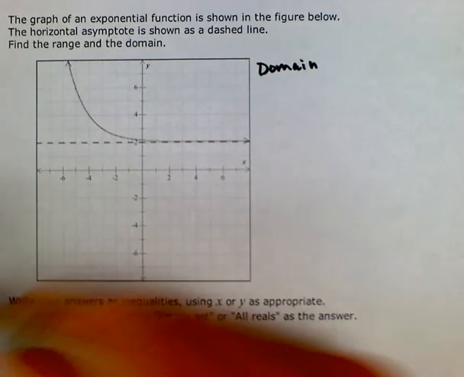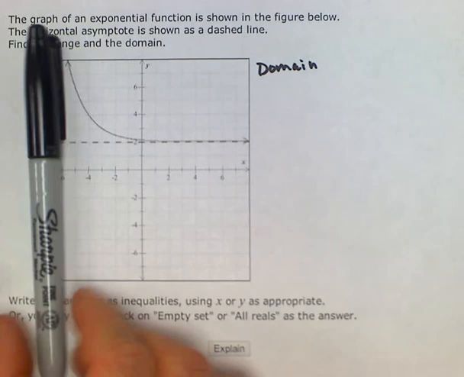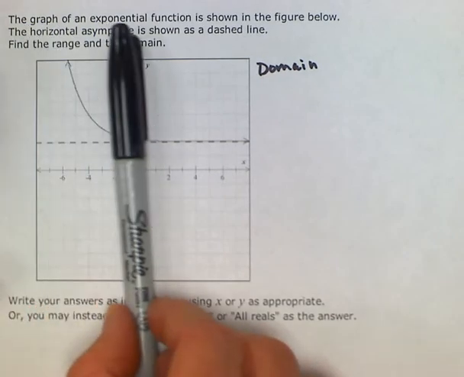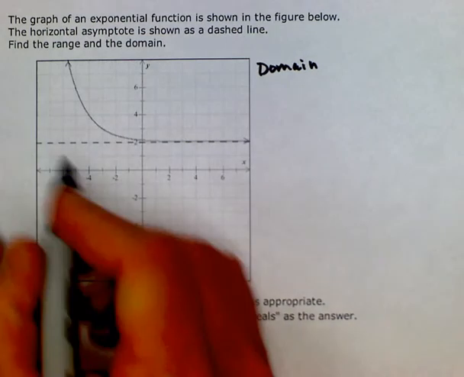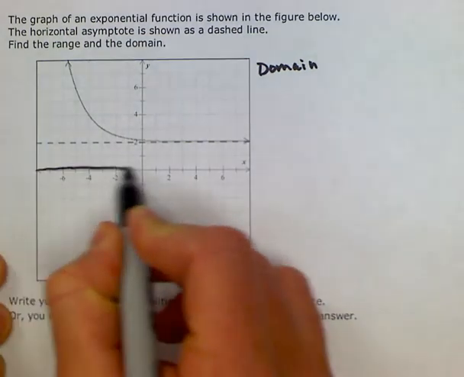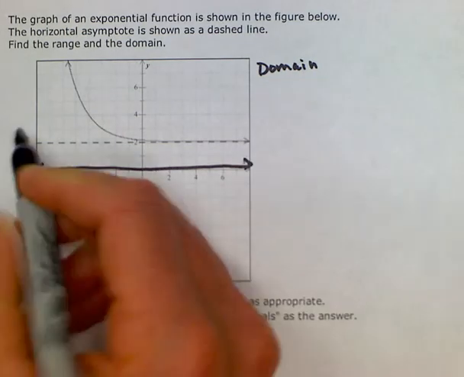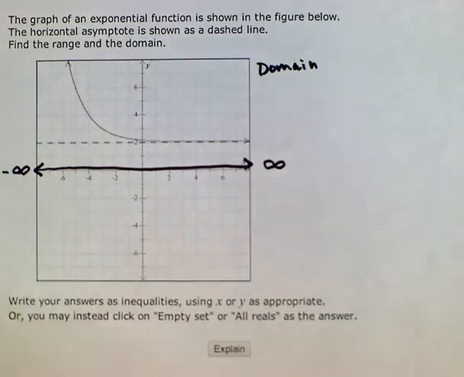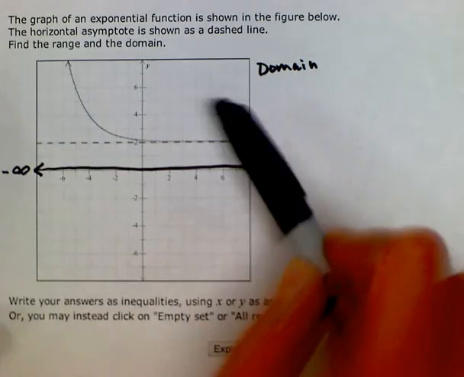So as we use a vertical line test and move across the graph, we're looking for any point where we see graph along this vertical line test. So as we move along this x-axis, from negative infinity to positive infinity, we're looking for places where any of these x values would give us some corresponding y value.